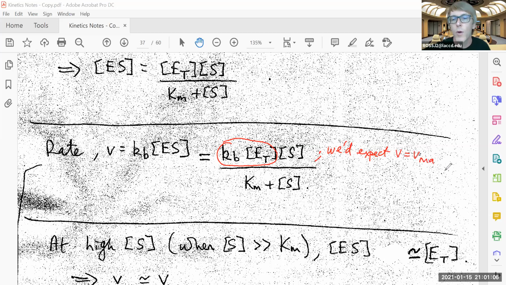So we'd expect the rate to become a maximum when the loaded concentration of enzyme is maximized. Well, that's when it's equal to the total enzyme. So if that's what we have here, then we can replace this by the word Vmax. That's a pretty reasonable expectation.